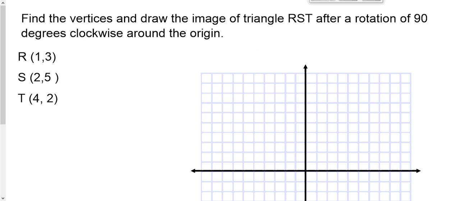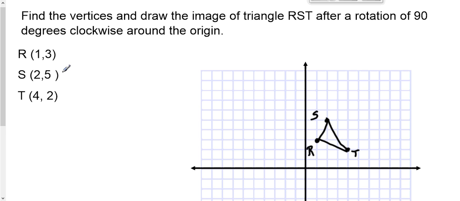Try it again. So we have our points 1, 3, that's R. We'd have 2, 5 for S, and 4, 2 for T. We're going to perform a 90 degree clockwise rotation around the origin.